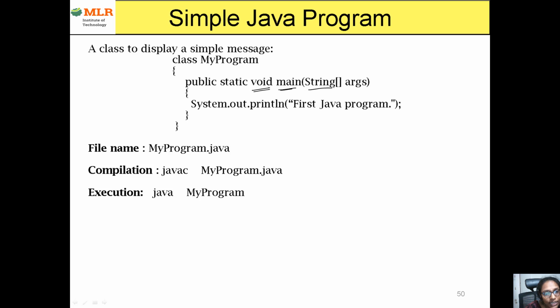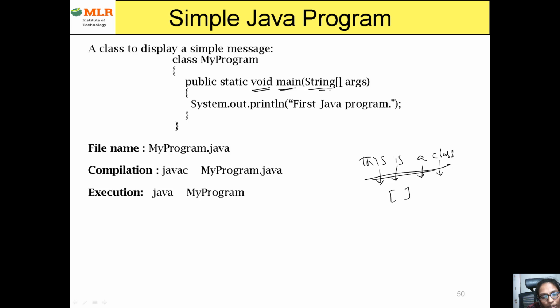And now it is taking an argument. If we pass any arguments to the main function, that is called command line arguments. Now what type of arguments is it taking? String array, an array of strings. For example, this is one string, this is one string, this is one string, and this is one string.